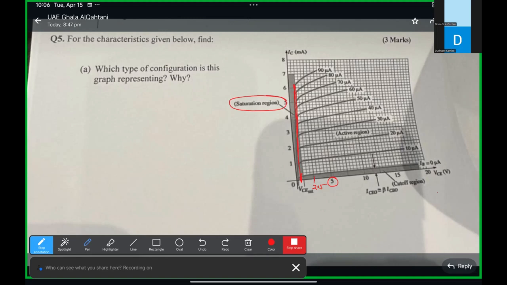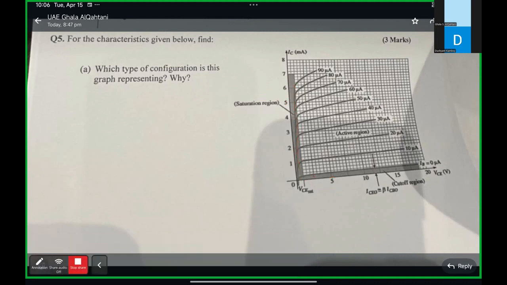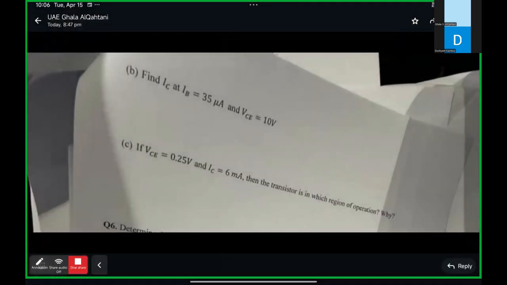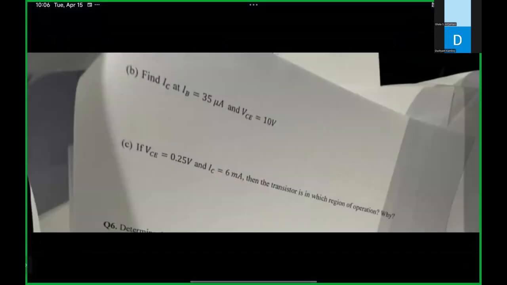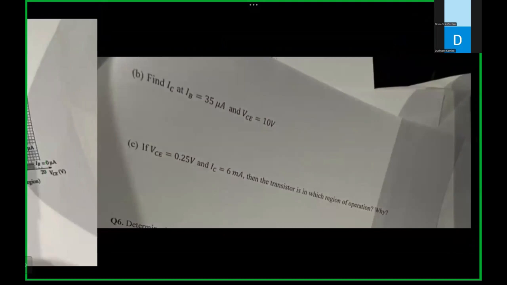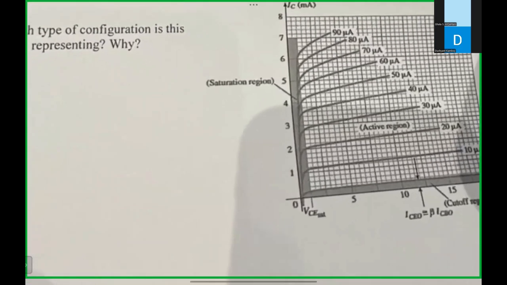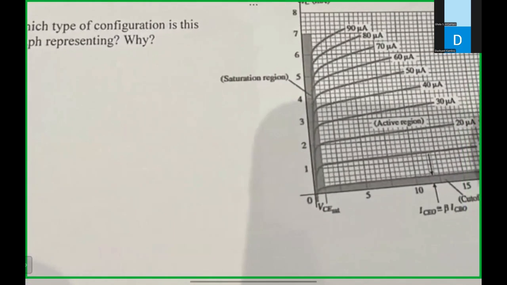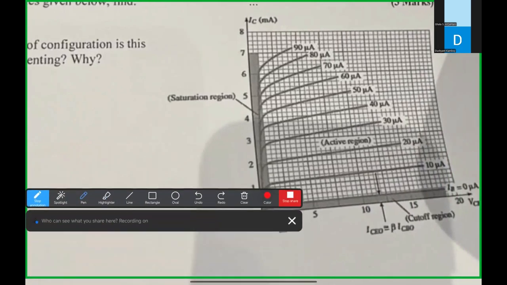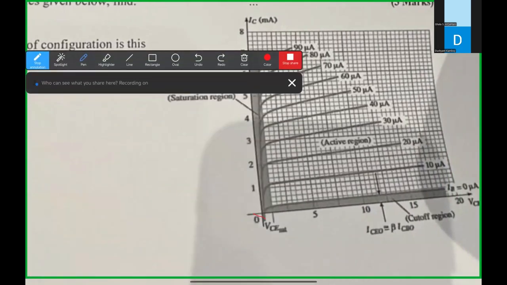Isn't it the active region? No. Why? Maybe I drew the line not very straight. VCE is how much? 0.25. So yes, saturation region. See, this is 5, 2.5 at the center.